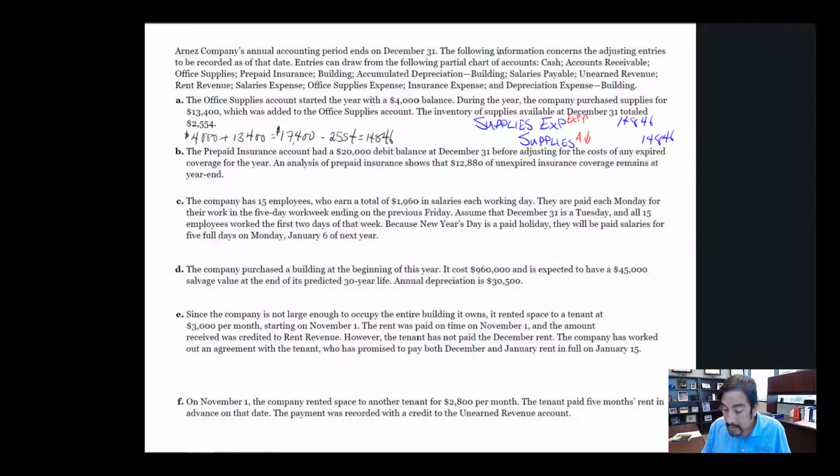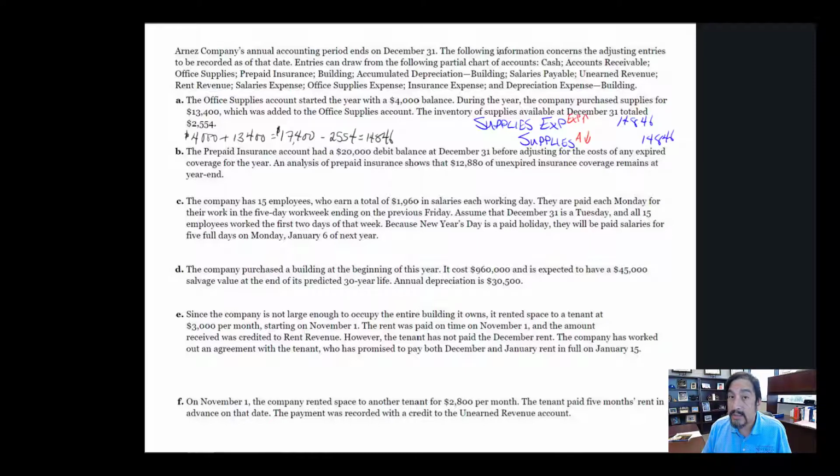B, prepaid insurance had a $20,000 debit balance at the end of the year before making any adjusting journal entries. An analysis of our prepaid insurance shows that we have $12,880 of unexpired. Unexpired. Remember, I warned that you need to look to see what they're giving you.